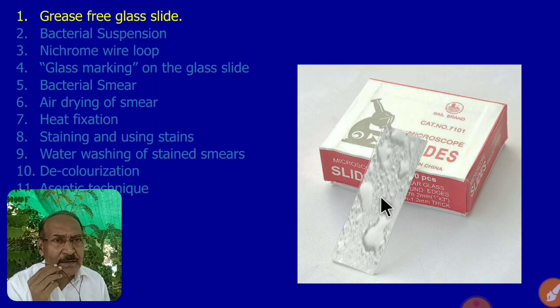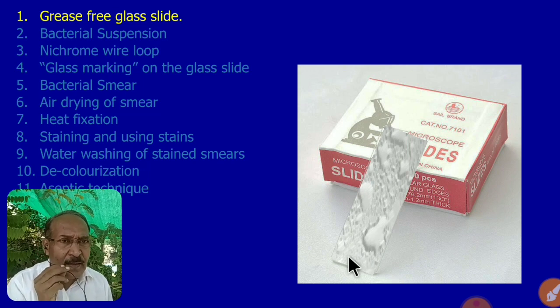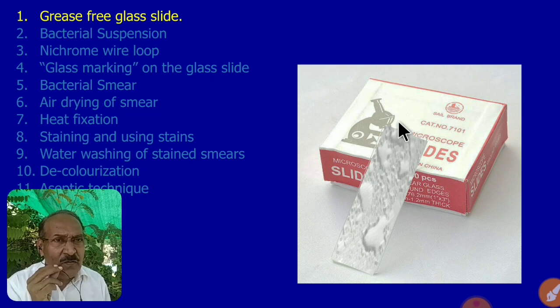Some portions have no water, and a variety of sizes of accumulated water can be seen on the glass slide. If after allowing water to flow down, it appears like this, one can immediately understand that this slide is not grease-free.